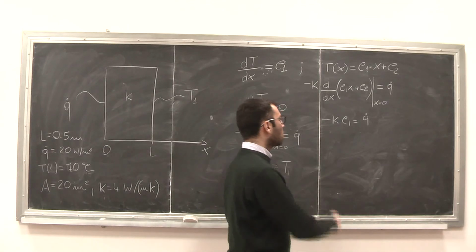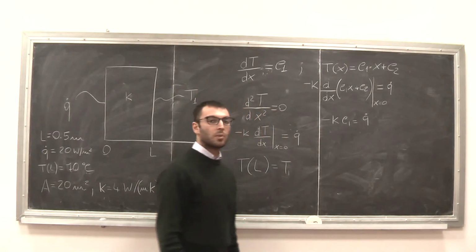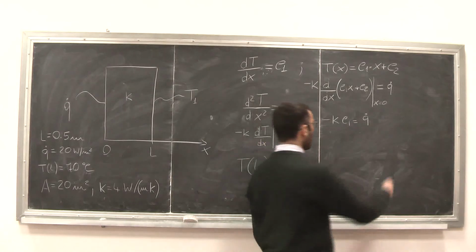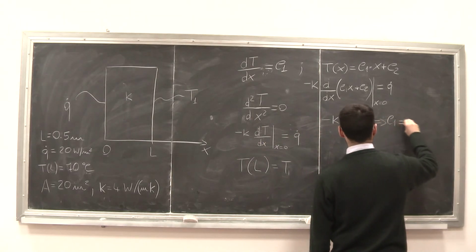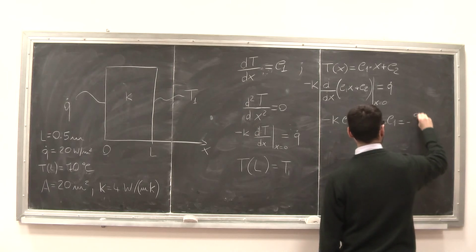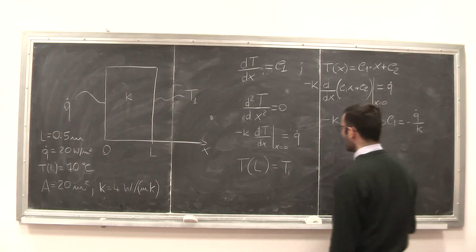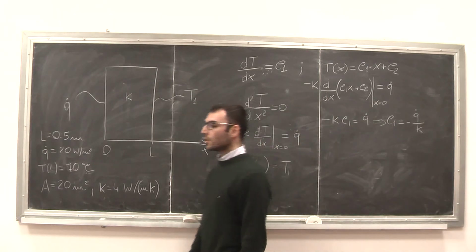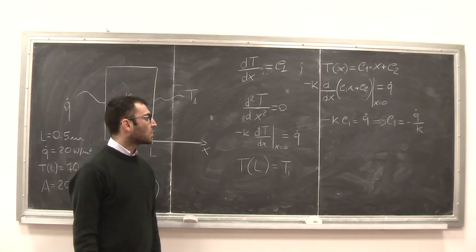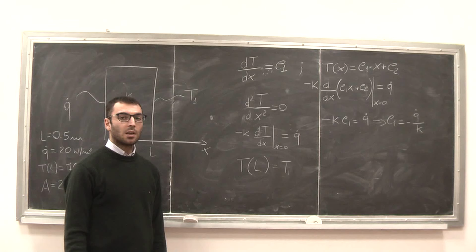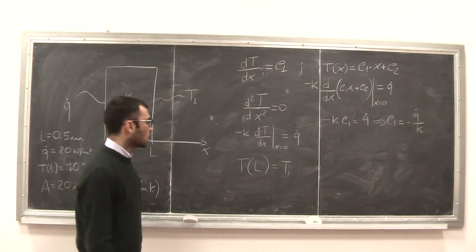So, from this equation, we can easily determine C1 as minus Q dot divided by k. This is the first constant of integration necessary to find the specific integral of our equation.